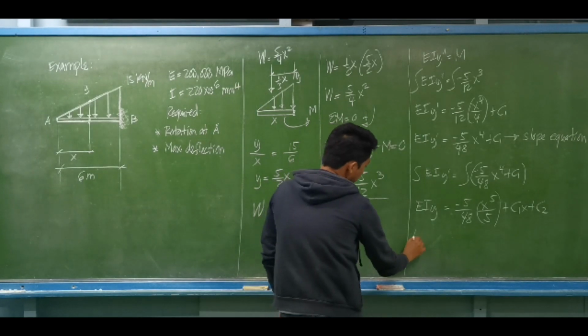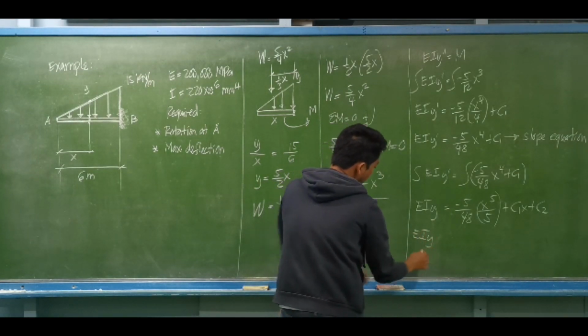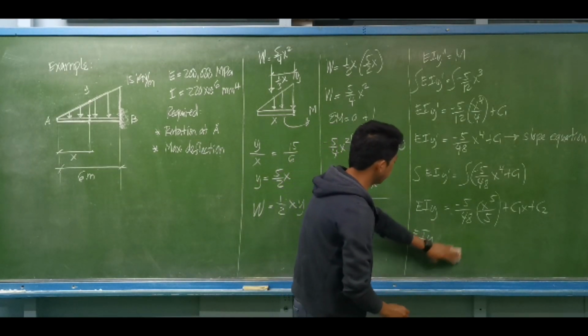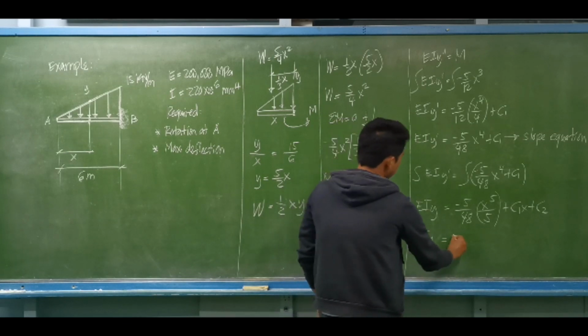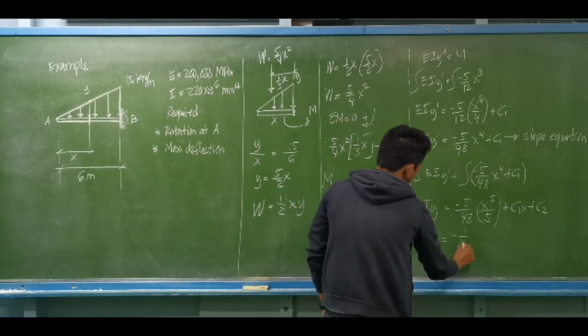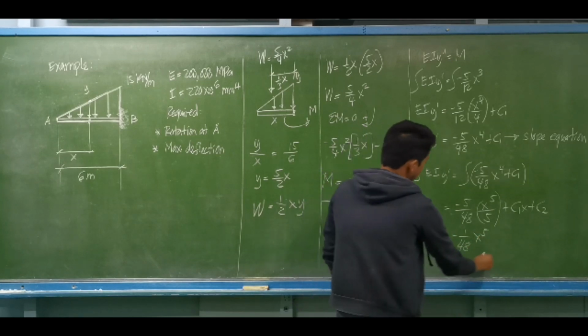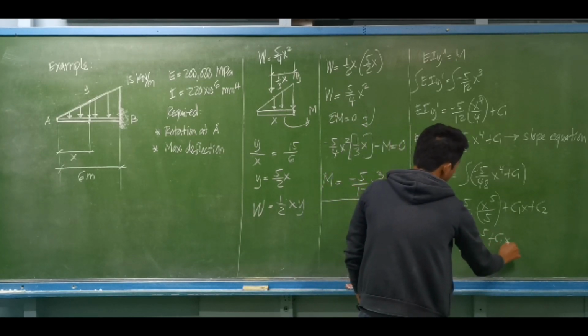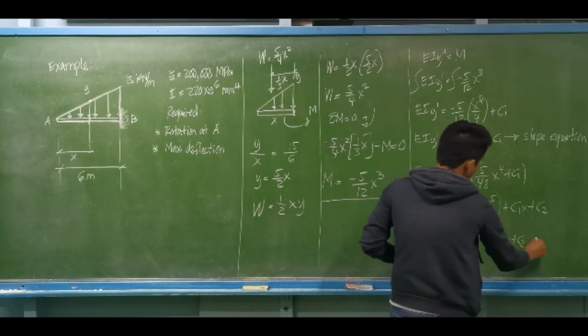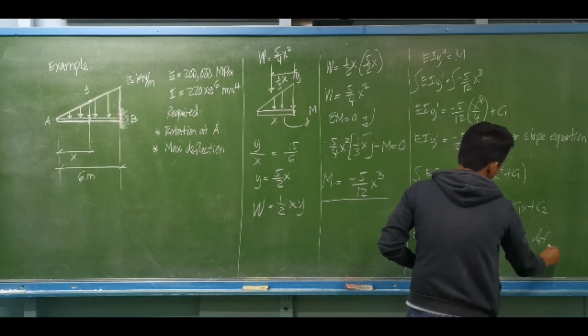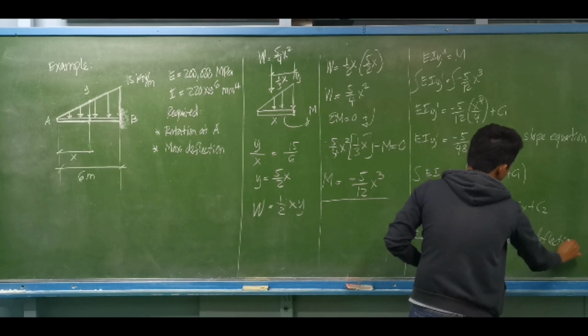So the deflection equation is EIy equal to negative 1 over 48 of x to the fifth plus c1 x plus c sub 2.